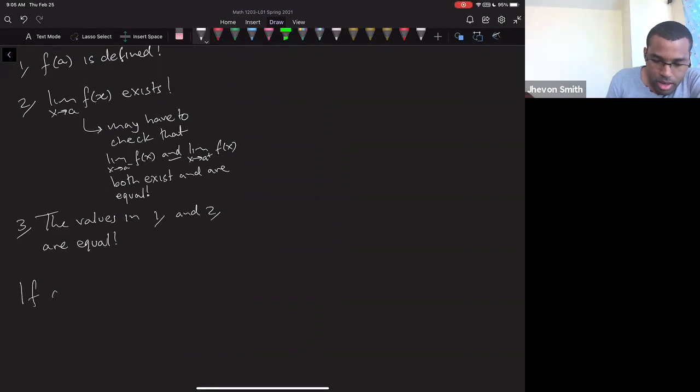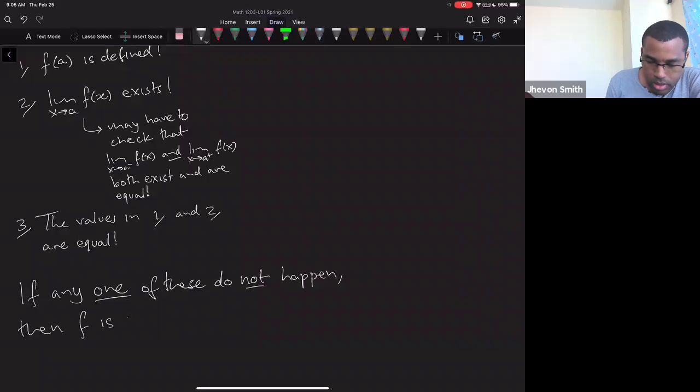And if any one of these do not happen, then f is not continuous at x equals a.